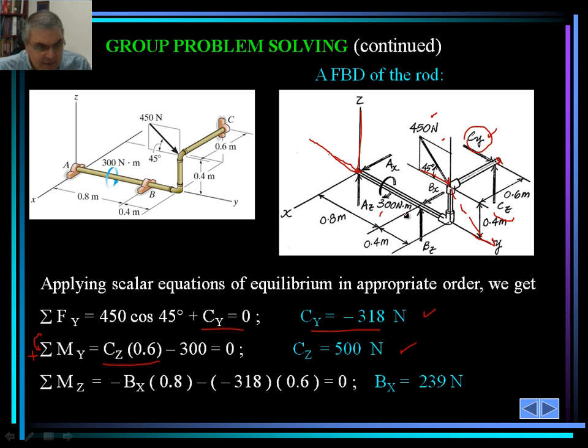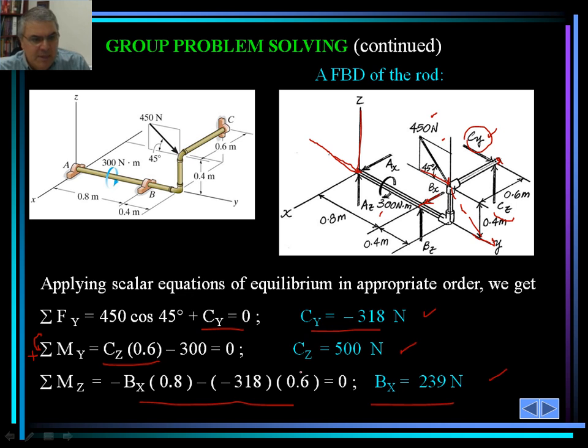So that's one way. B sub x is going to cause that kind of rotation about the z-axis. There's another one, and what is it? C sub y, right? C sub y also has a tendency to rotate the structure about the z-axis. So as such, we would set those up, and B sub x would turn out to be 239 Newton.